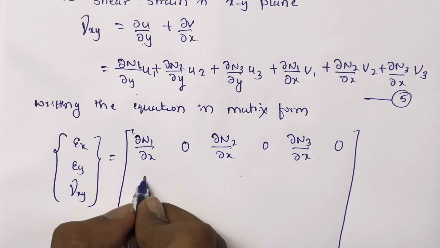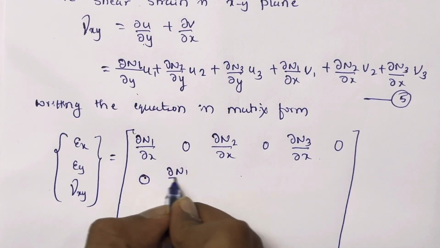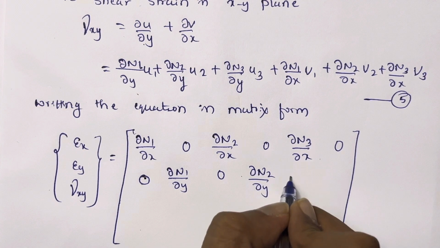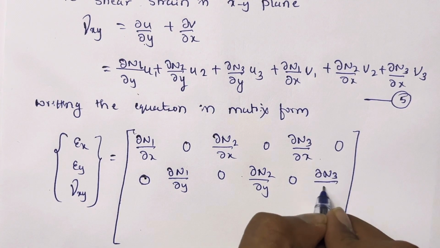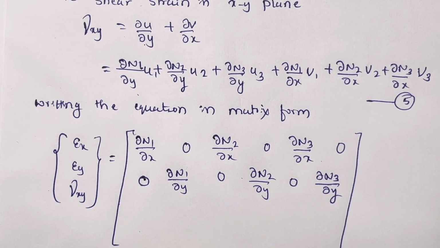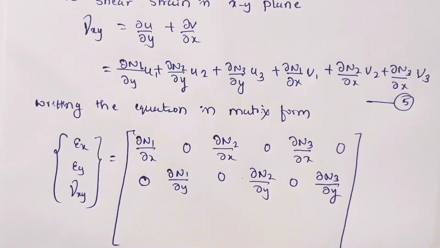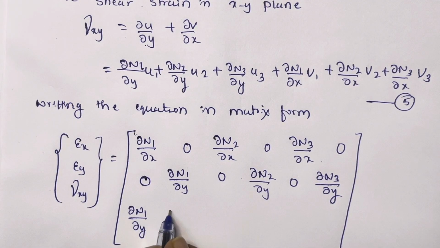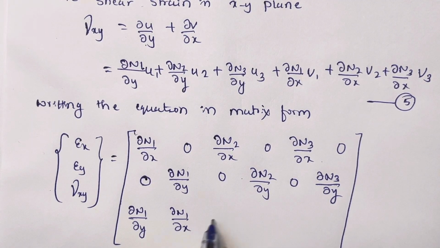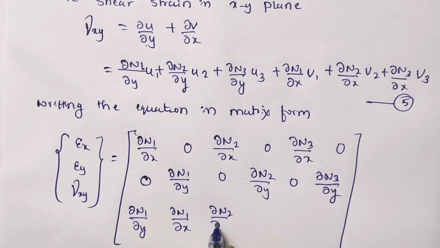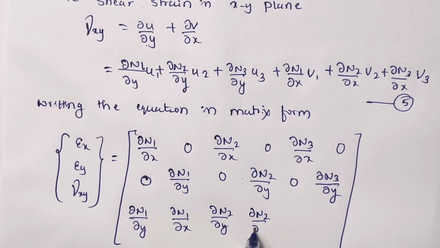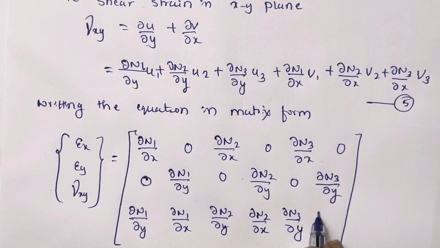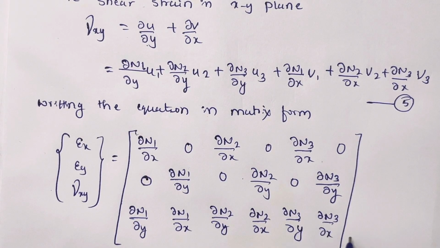Second one is for v, so it is 0, dou N1 by dou y, 0, dou N2 by dou y, 0, dou N3 by dou y. Now we have to write the shear strain equation here: dou N1 by dou y, dou N1 by dou x, dou N2 by dou y, dou N2 by dou x, dou N3 by dou y, dou N3 by dou x.